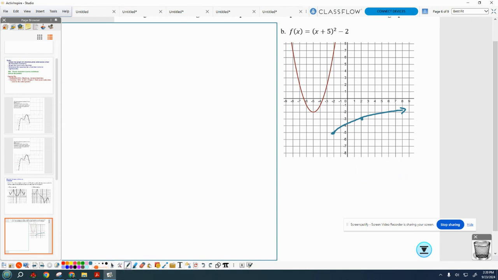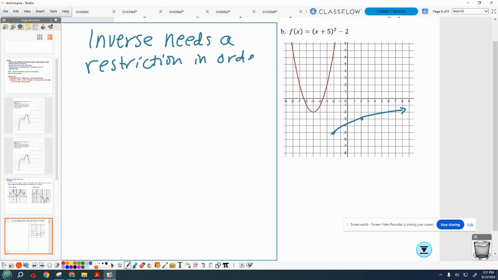That's restricting the range, right? Okay, it's restricting all kinds of things. The inverse needs a restriction in order to still be a function.